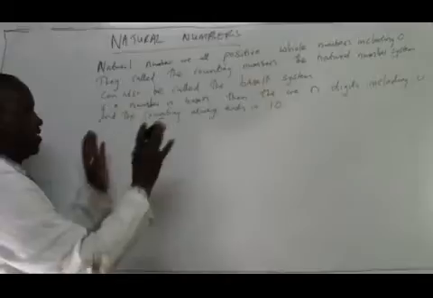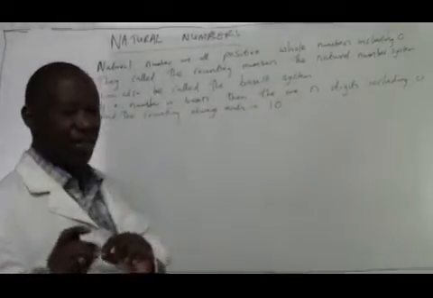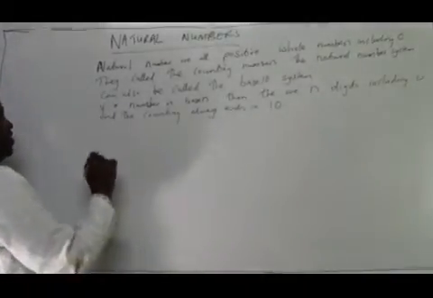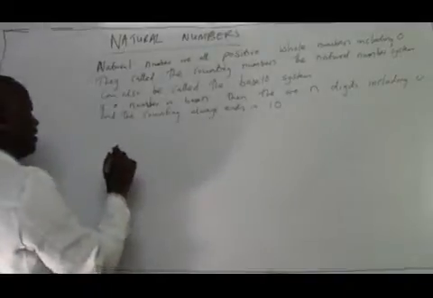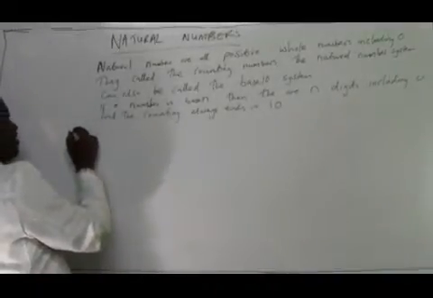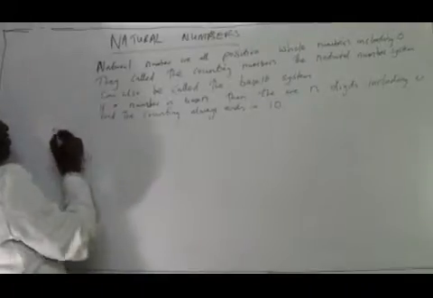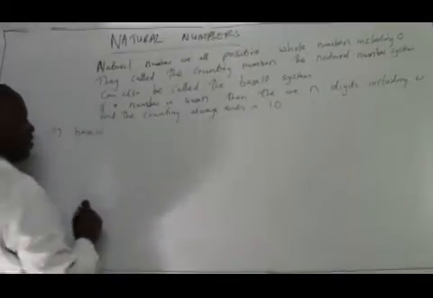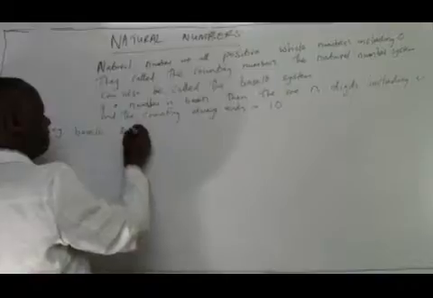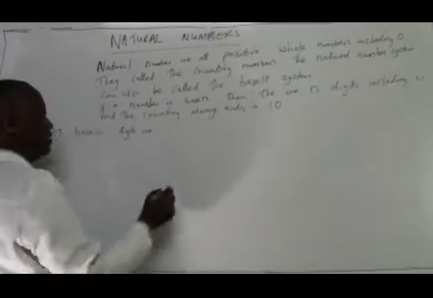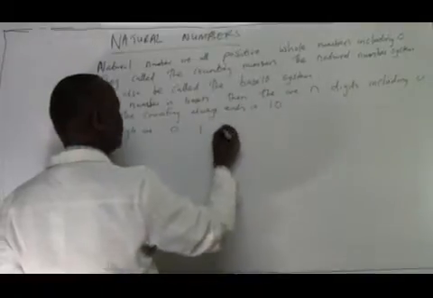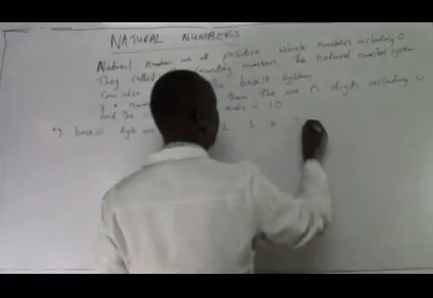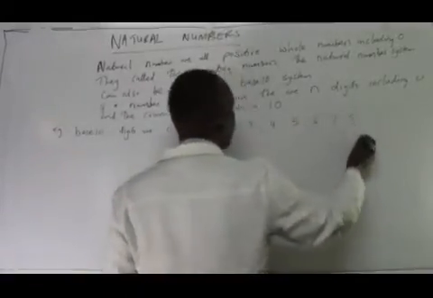So let's use that definition to have a look at our natural number system. For example, base 10 digits are 0, 1, 2, 3, 4, 5, 6, 7, 8, 9.